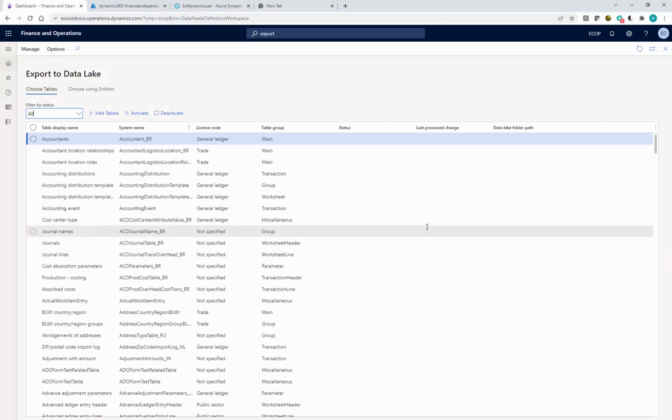We're connecting to Export to Lake in F&O, where we can see the list of all the tables, of the 15,000 tables that are available in F&O. Now, we would definitely not set up and select all tables. We will select only the tables that we need for data transformation.